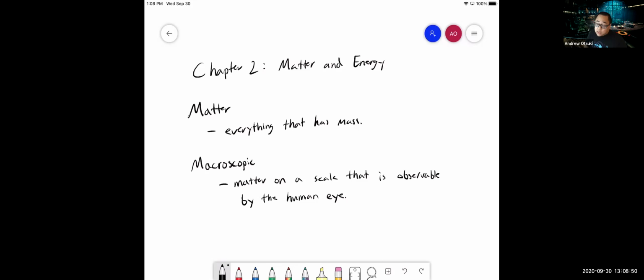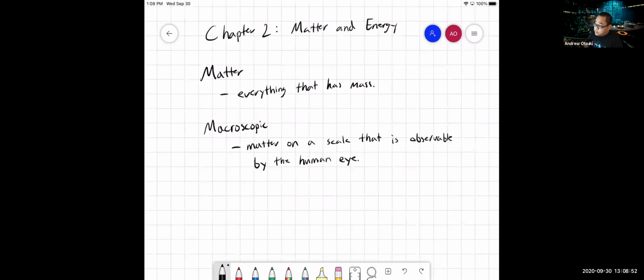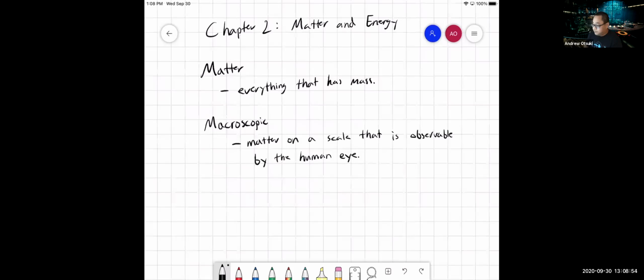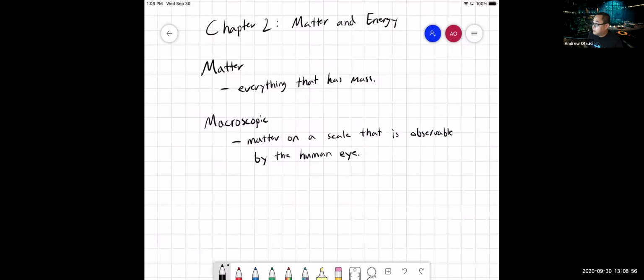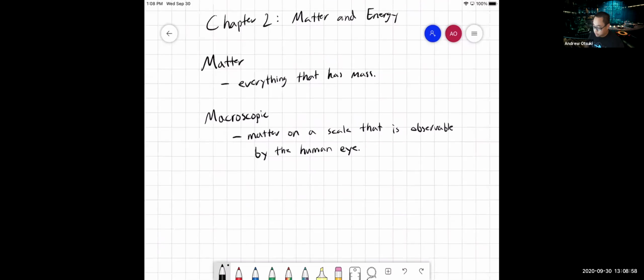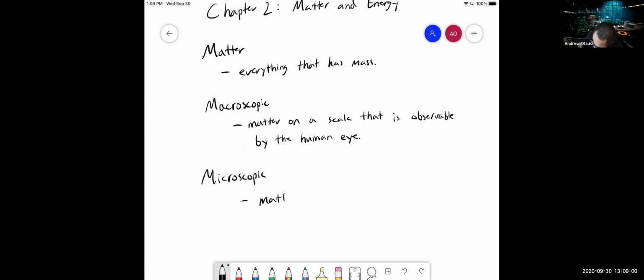Okay, so we go a little bit lower now. Microscopic is matter on a level too small. Oh, sorry, not too small.